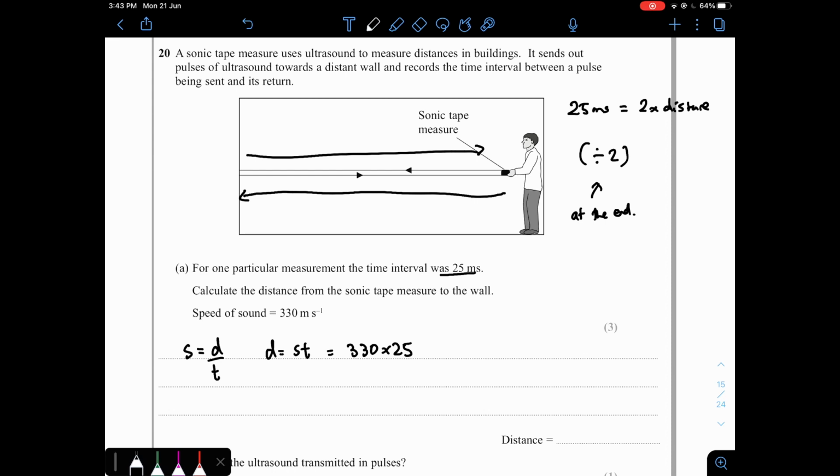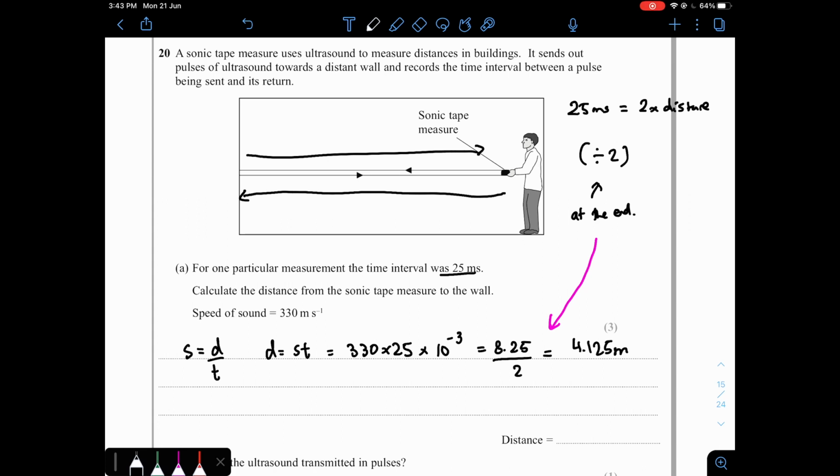It's milliseconds, right? So we also need to remember times 10 to the power of minus 3. That is 8.25. Now we divide this by 2 because of this, and we get 4.125 meters.